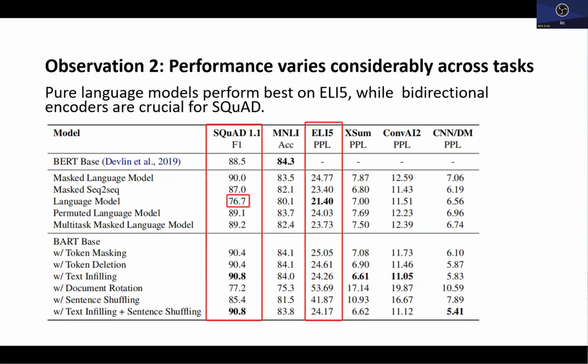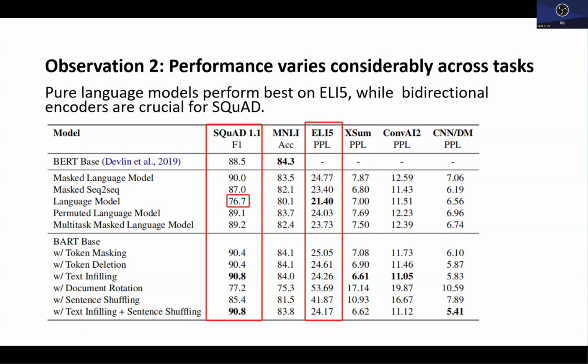So the second observation is that performance varies considerably across tasks. For example, pure language models seem to perform best on ELI5, which corresponds to the third column, which I marked red.